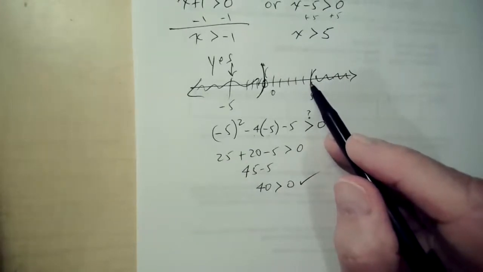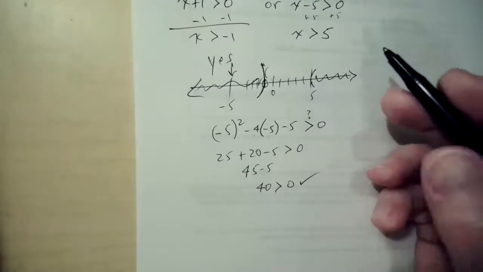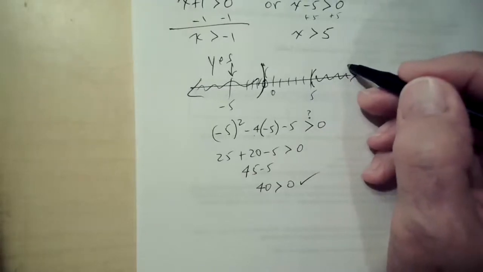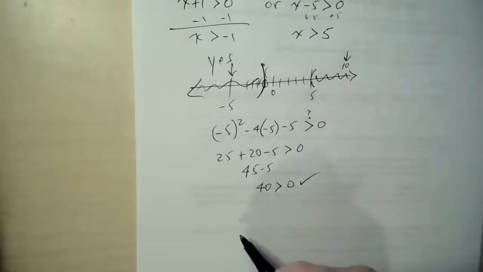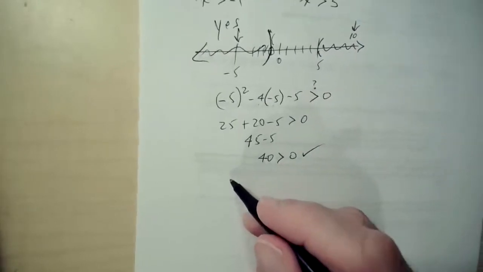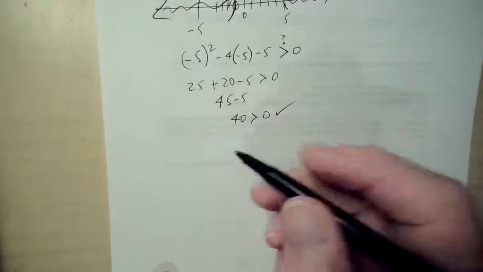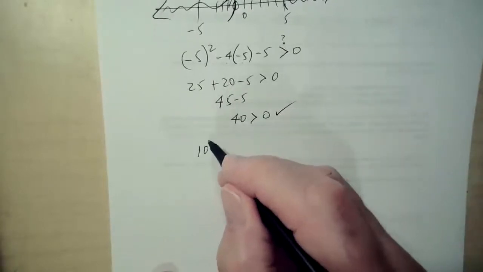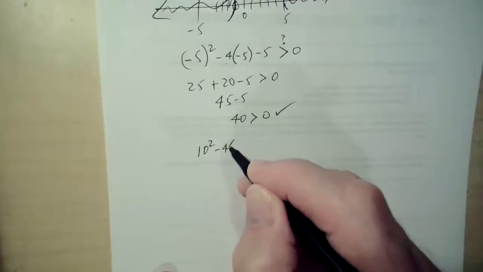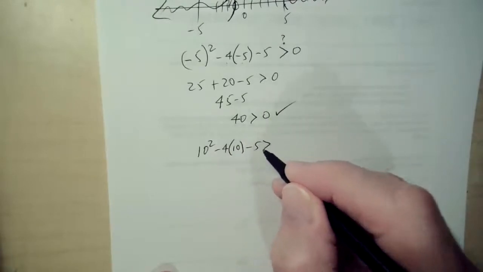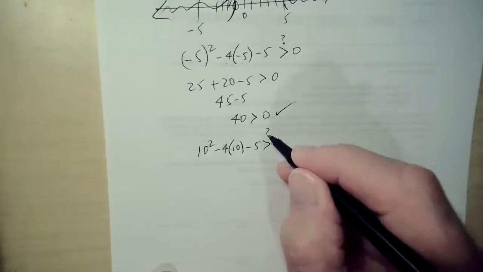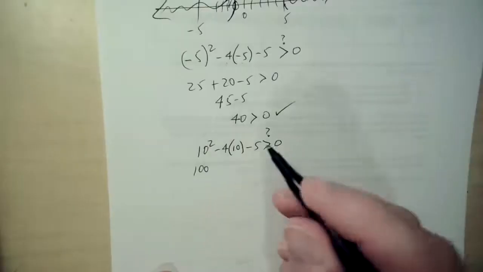Now, if we put 5 in here, don't take a number that's on the line. Let's take 10 because it'll be an easier number to deal with. So we have 10 squared minus 4 times 10 minus 5.